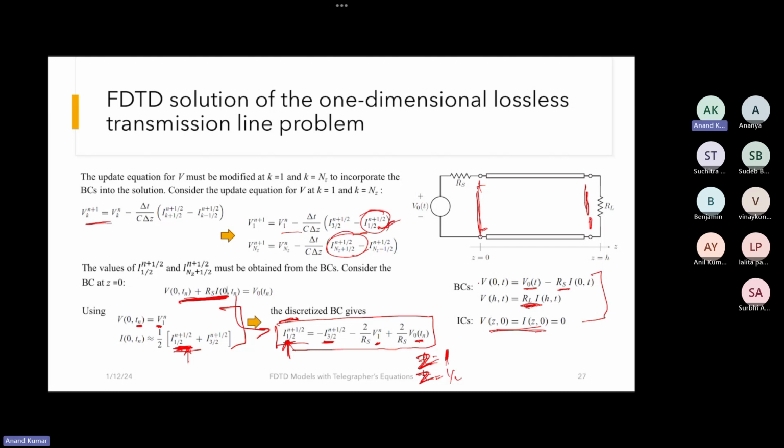Sorry about that. So this is the first boundary condition slide, where we try to evaluate the current value at the half node, because this is the first node, right? So we do not have the value of current at the half node. So we try to evaluate this, and we got the expression for current.